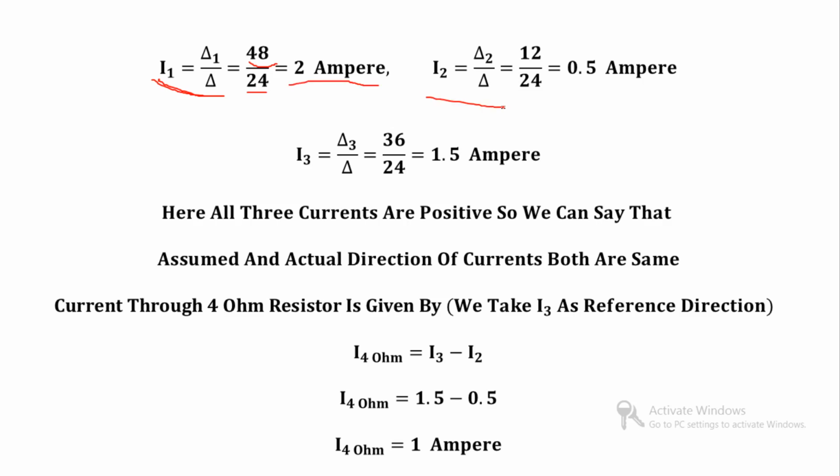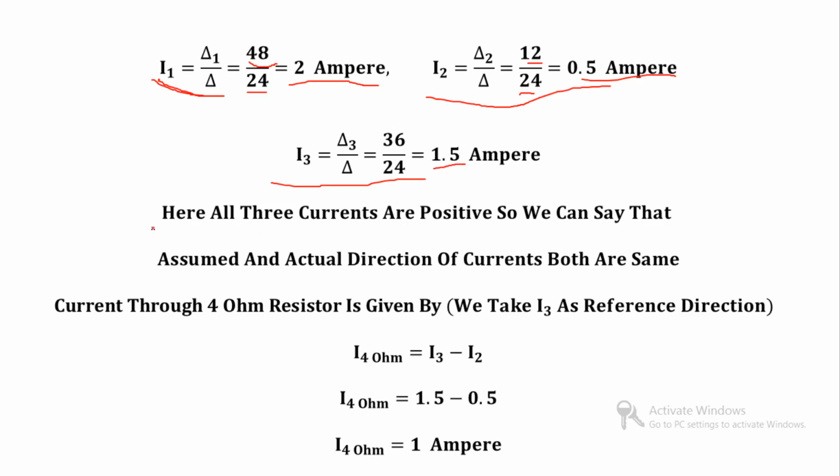I2 is equal to delta 2 by delta, delta 2 is equal to 12, delta is equal to 24. So I2 is equal to 0.5 ampere. I3 is equal to delta 3 by delta, delta 3 is equal to 36, delta is equal to 24, so I3 is equal to 1.5 ampere.